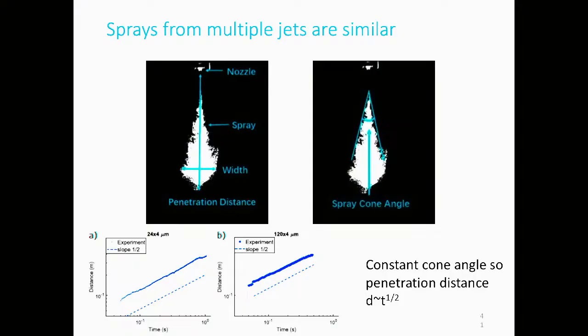And so one way to think of this square root of t behavior is the fact that you see that there's a constant cone angle, and then by mass conservation you simply get that the front should propagate as square root of t if your volume flux is conserved.